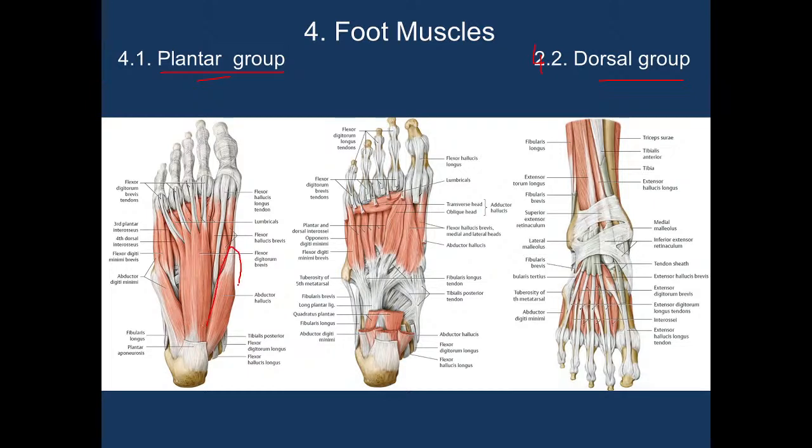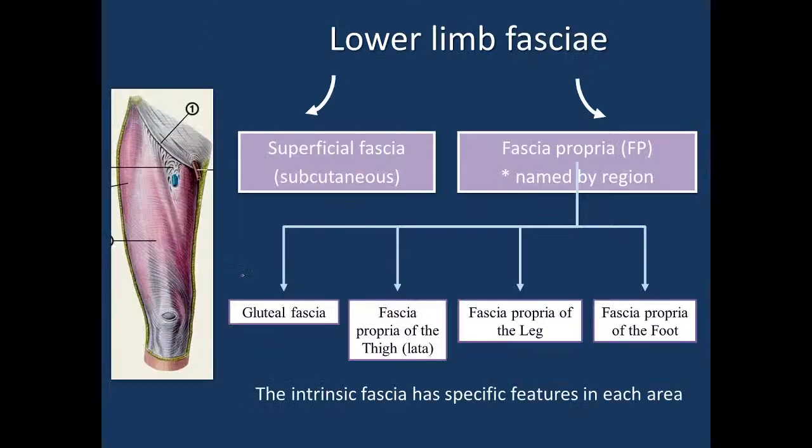There is the part for muscles connected to the hallux. This is the hallux, or we call it the medial group. There is also a lateral group, but the intermediate group is stronger because it has two additional muscles in comparison with the hand.